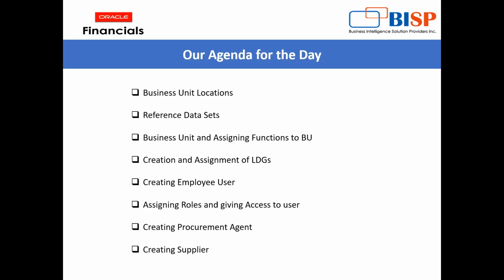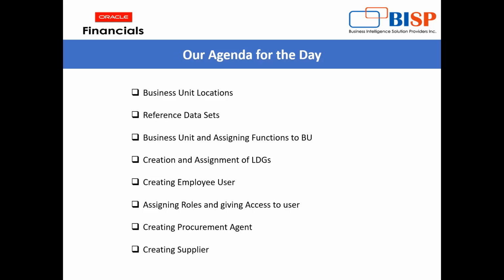When we implement the projects for our client, we go with a rapid implementation methodology of uploading the enterprise structure and other setups, like chart of accounts, primary ledgers and the calendars. So once the RI sheet is uploaded, the business units are already created.